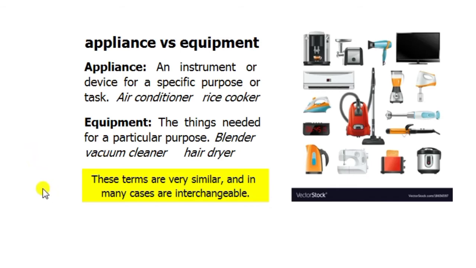But these terms are very similar and in many cases are interchangeable. As a rule of thumb, I would say an appliance is something large like a refrigerator or a stove, and equipment are smaller things like a vacuum cleaner, a hair dryer, an electric kettle, and so on.